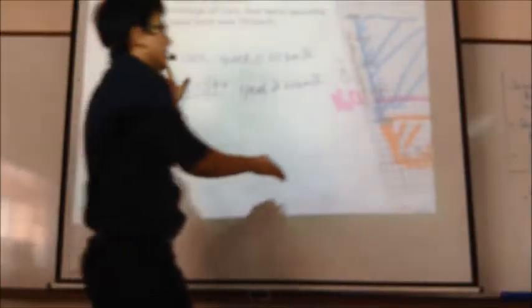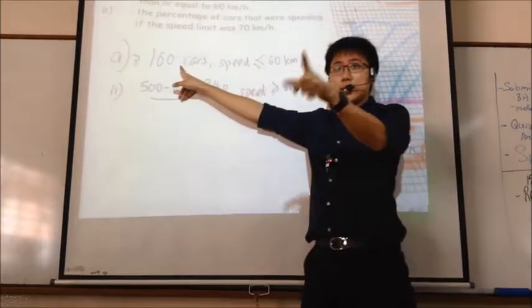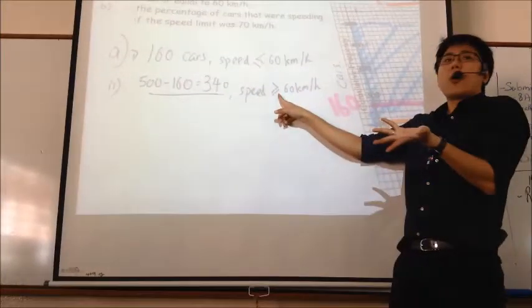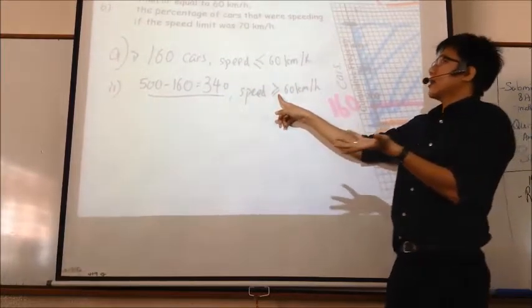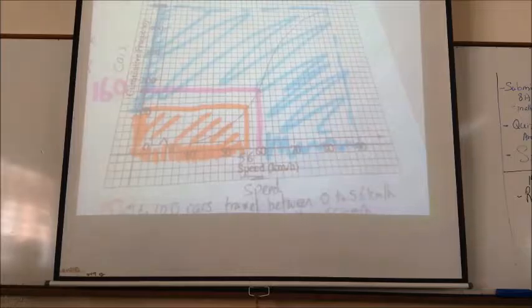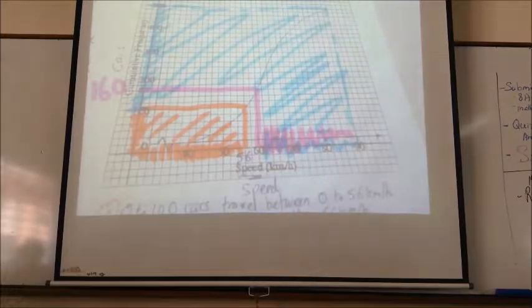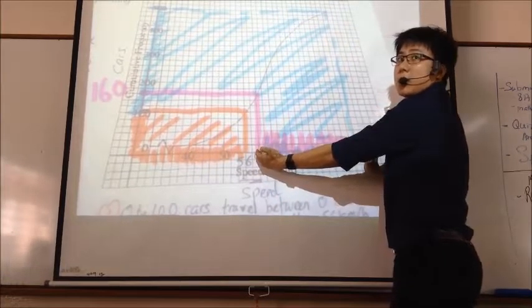Okay, I will invent one so I want you to understand. If I want speed less than 60, the answer is 160. This one you understand? But if I want more than, I look at the graph. More than means I want here, right? That means more than means I want 60 and more.